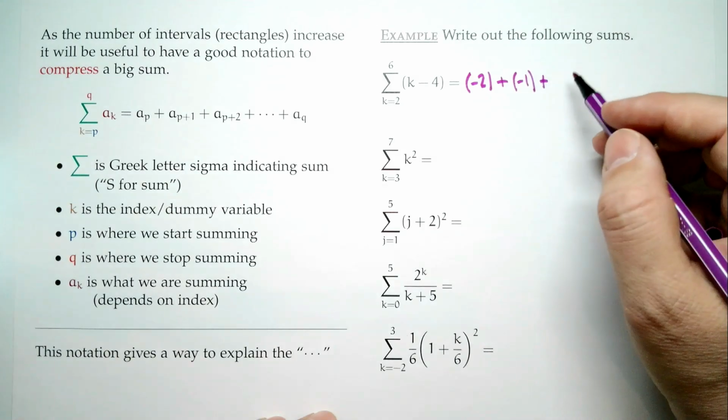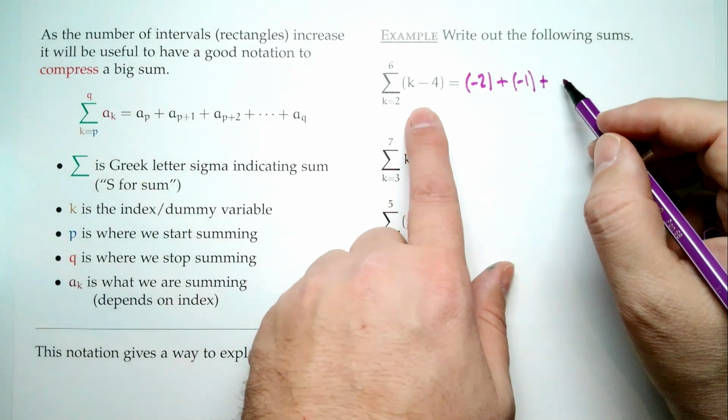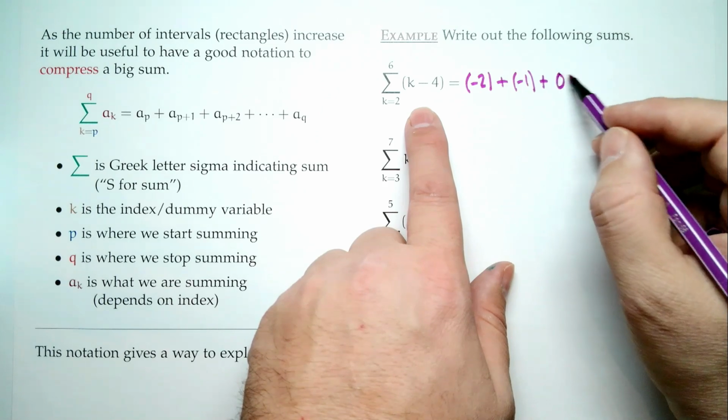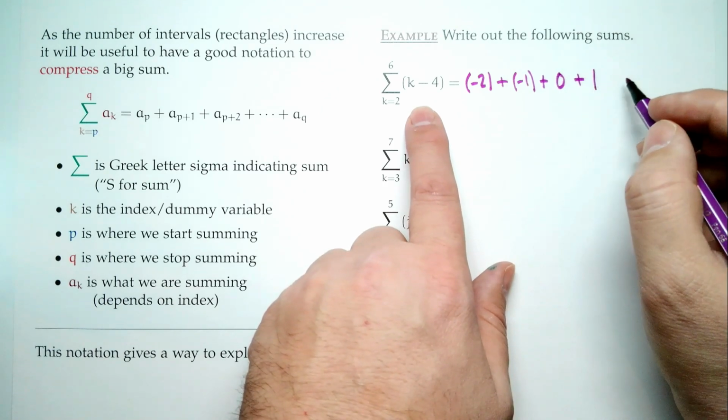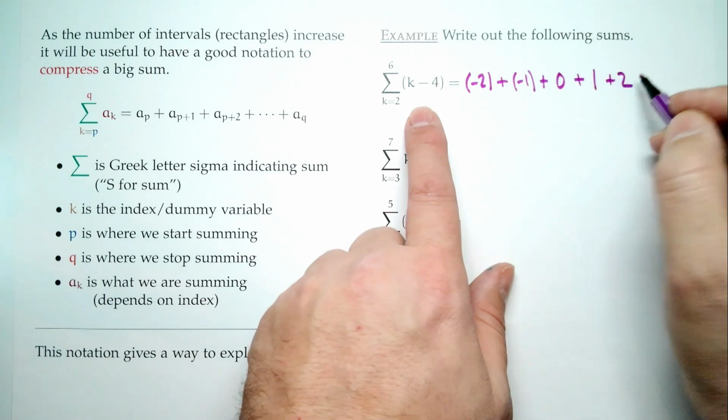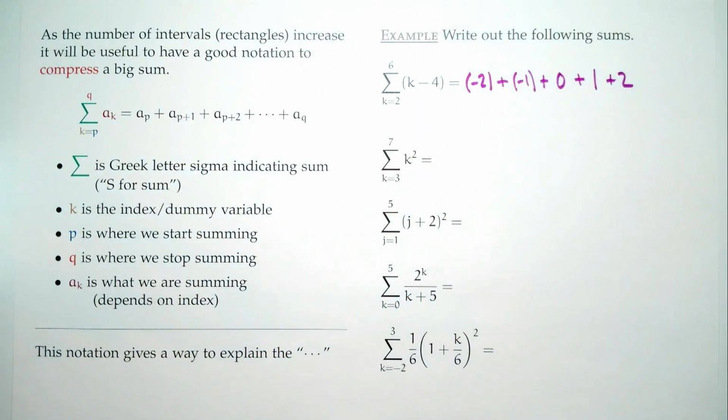The next term would be 4, 0. The next term will be 5, 1. The next term will be 6, which is 2. And stop, because you start at k equals 2, and you stop at k equals 6. So we're going from k equals 2 to k equals 6.